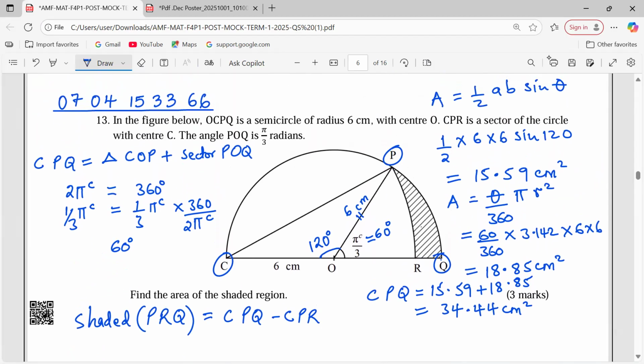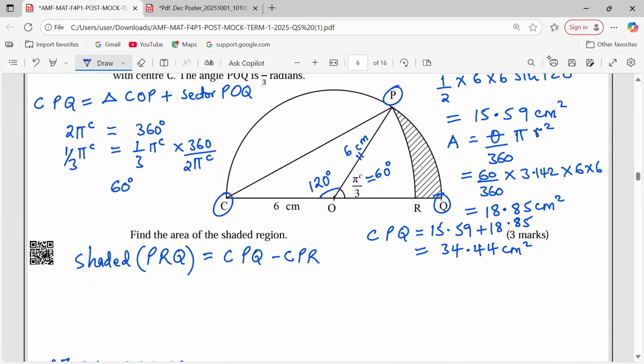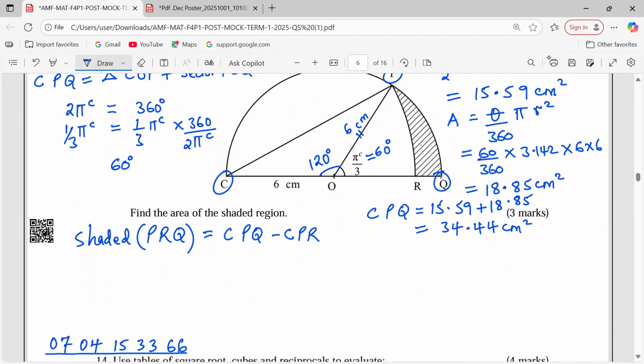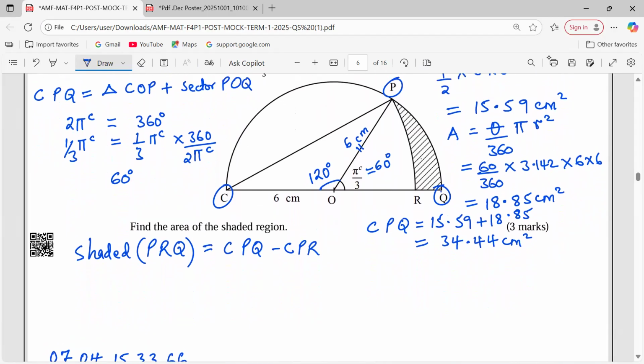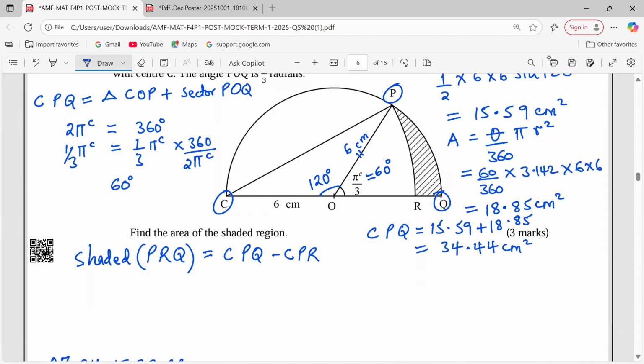Yeah, CPR is a sector like that. So now we're going to compute that very quickly.